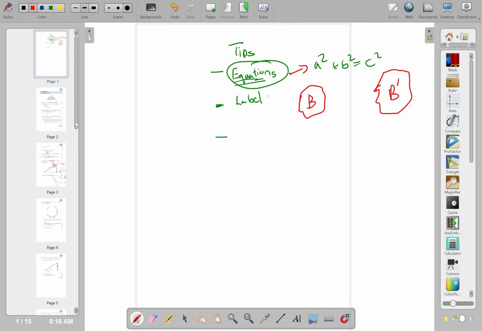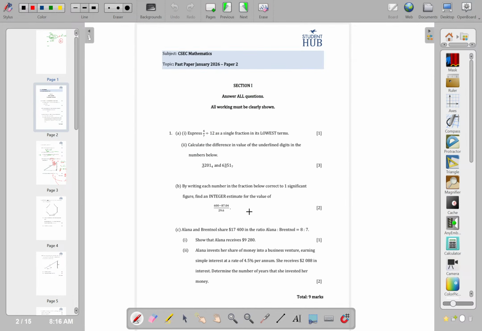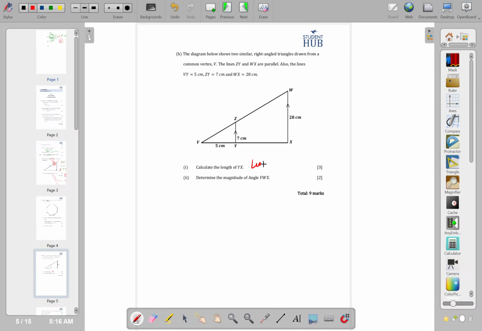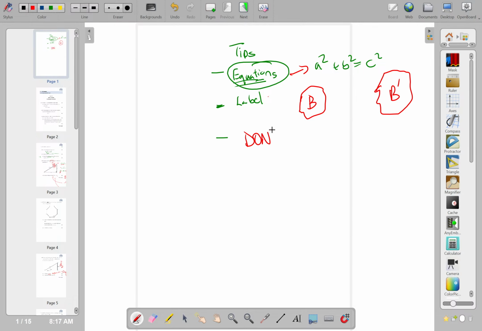Also when you're answering questions, make sure you answer the exact question: the length of YX is equal to, after you do your work up here, say the length of it is equal to whatever it is right here. And then don't forget your units. I've seen people forget their units too much, so let me put it in bold. Don't forget your units. So label, equation, don't forget your units so far.